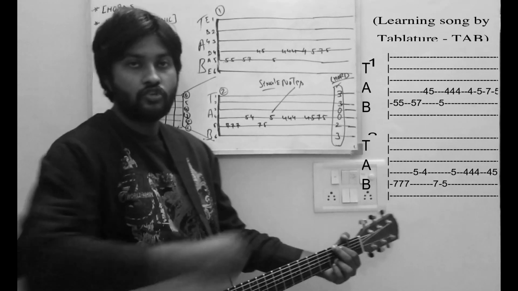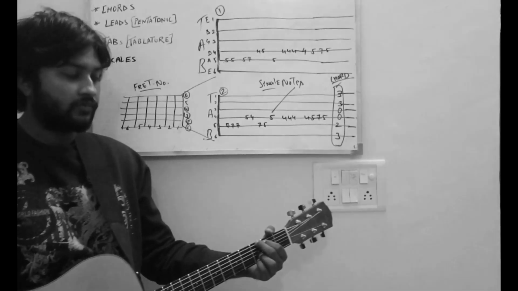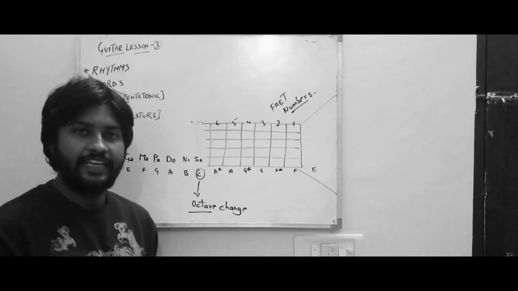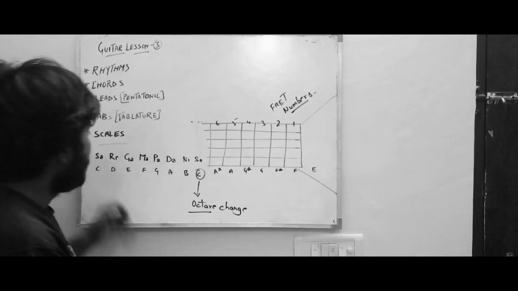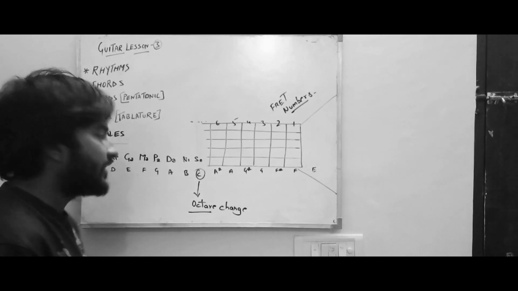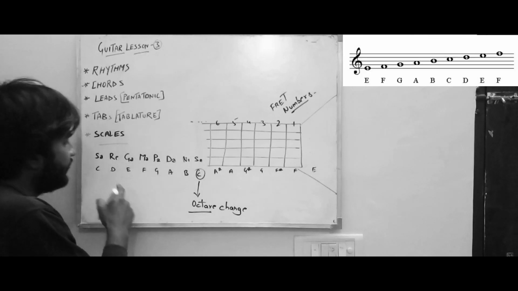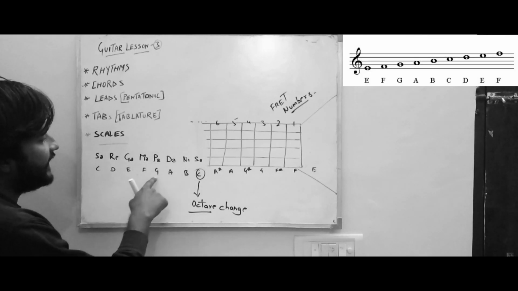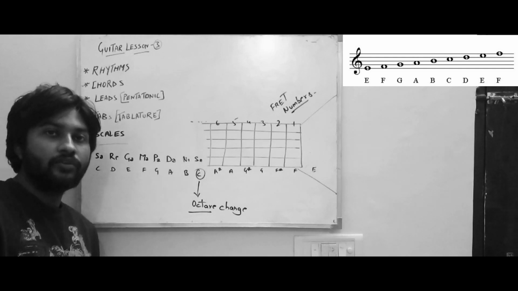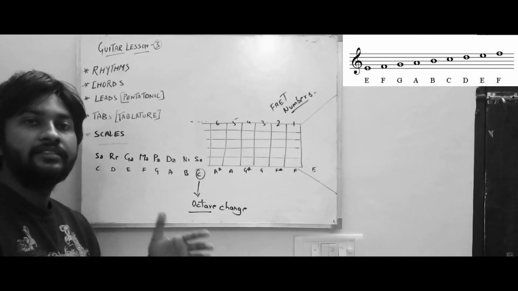And this is the last chord, that's called G. Okay, so we begin with the scales. If you must be knowing about the scales, scales are sa re ga ma pa dha ni sa, which is also called C D E F G A B. Okay, and these are called the seven notes.